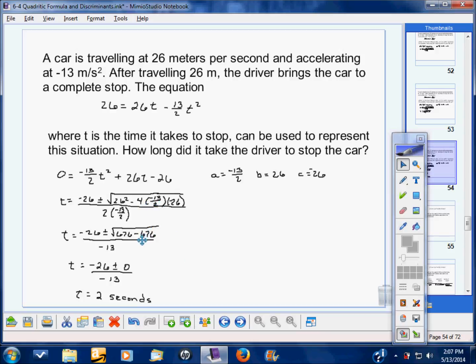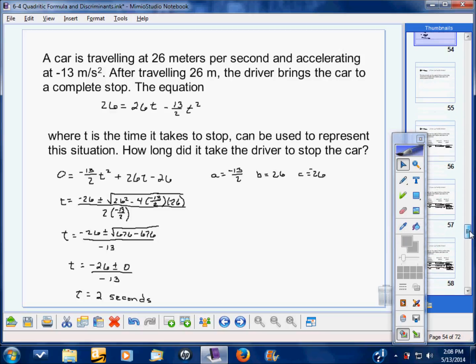This right here came straight from the calculator: 4 times 13 halves times 26. They do cancel out, and you end up with 2 seconds. There's not even a choice on this, because negative 26 plus 0 is negative 26, and so is negative 26 minus 0. So even though the problem looks like we've got a lot of words and things like that, when we actually bring it down and solve it, it's not really so bad at all.